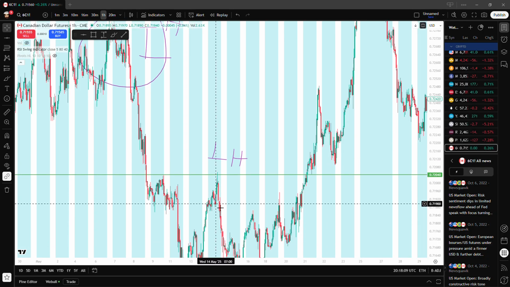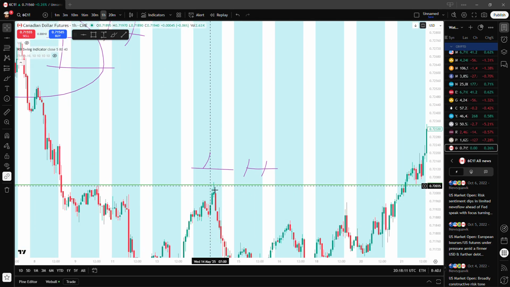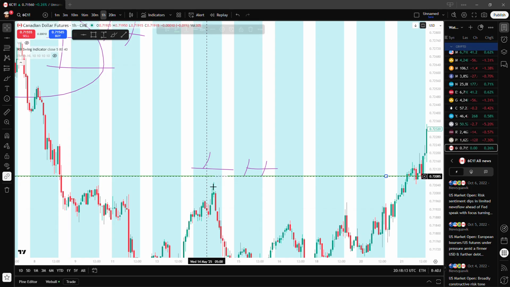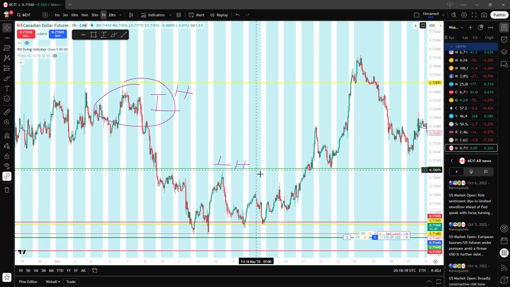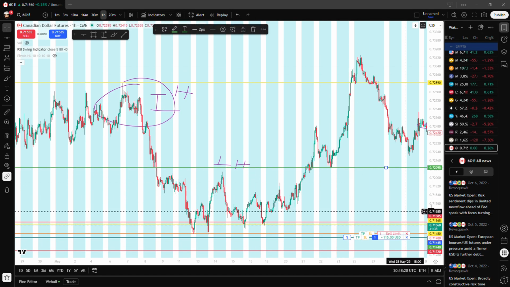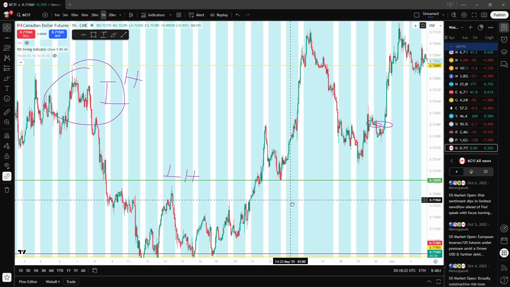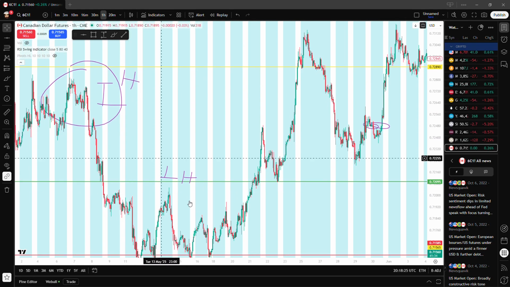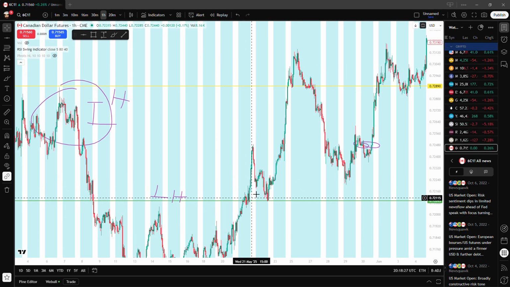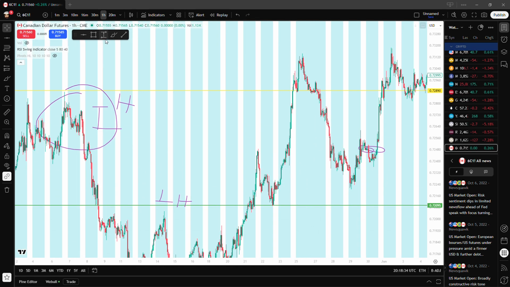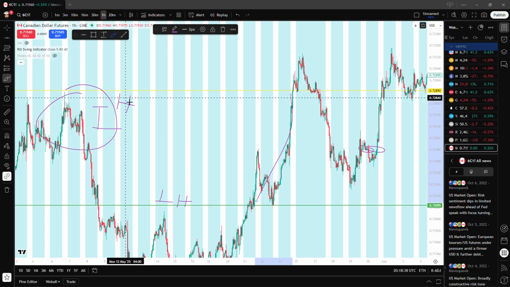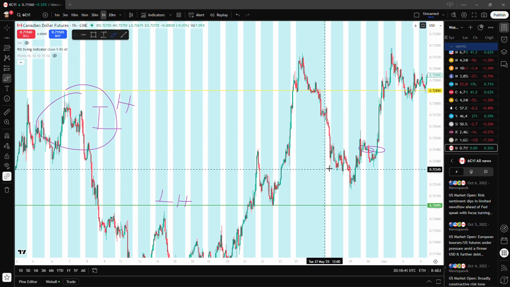You see how it did that little weird shit, that's why you usually give it a little space. But yeah. High, lower high, breaks the lower high, boom. High, lower high, breaks lower high, targets that, and boom.